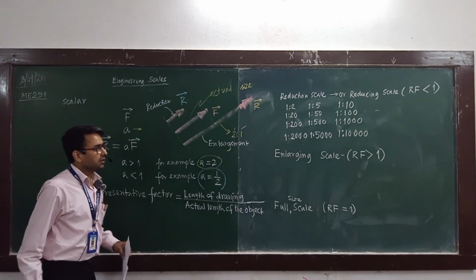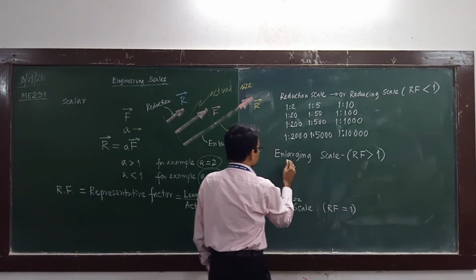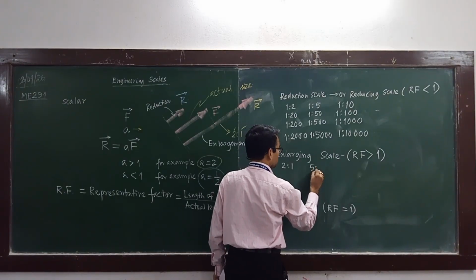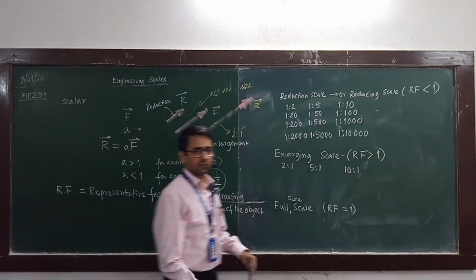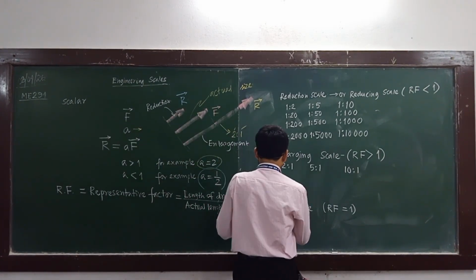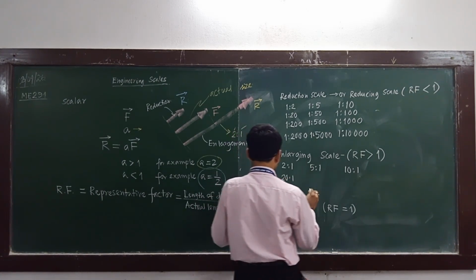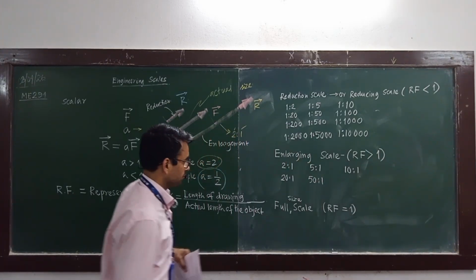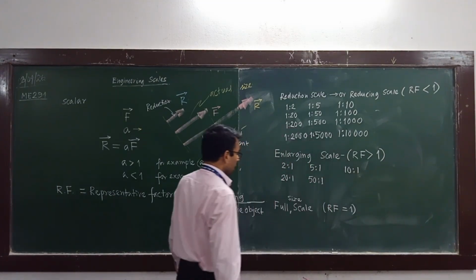Similarly, in enlarging scales you have the opposite, so it will be 2:1, then 5:1, and 10:1. Clear? Then 20:1 and 50:1. And this is full scale.